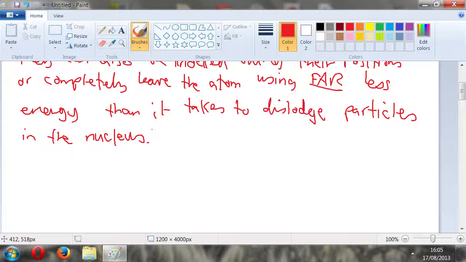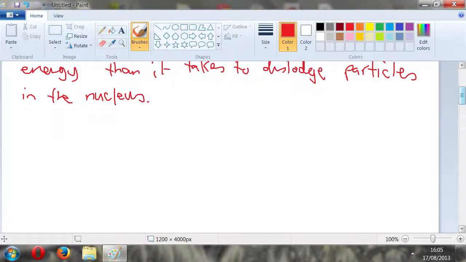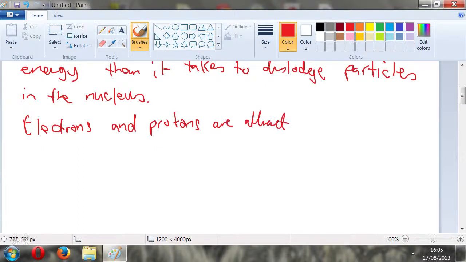Now, as I've said, the neutrons are neutral, and the electrons and the protons are charged particles, and there's this whole thing with force at a distance. I'm going to be going through what I've said in the first 2 episodes as well. Electrons and protons are attracted to one another over a distance.